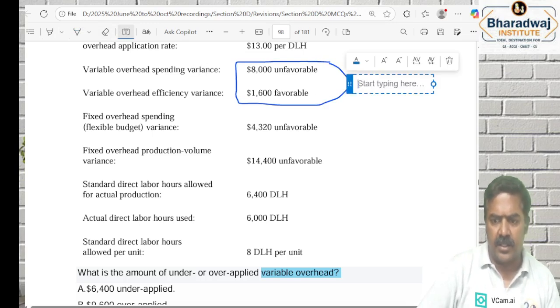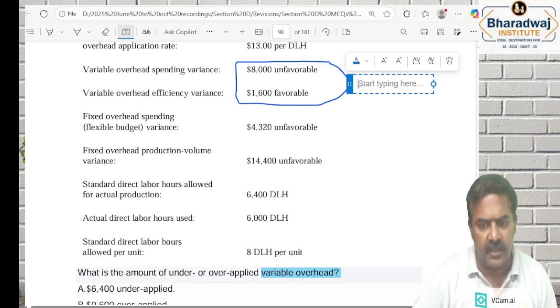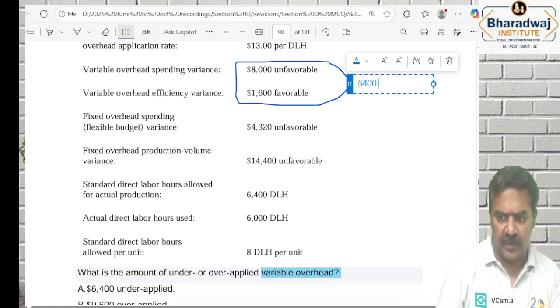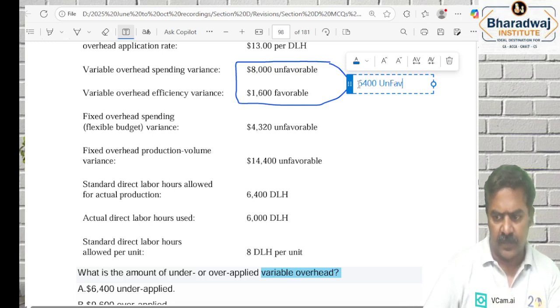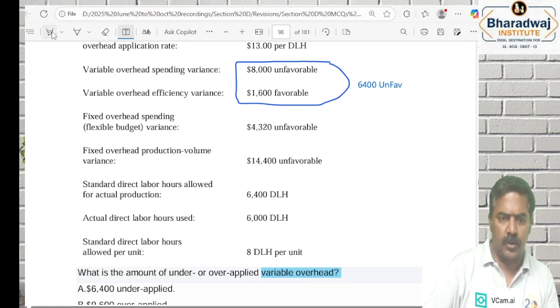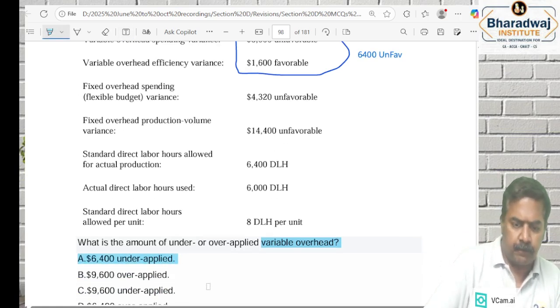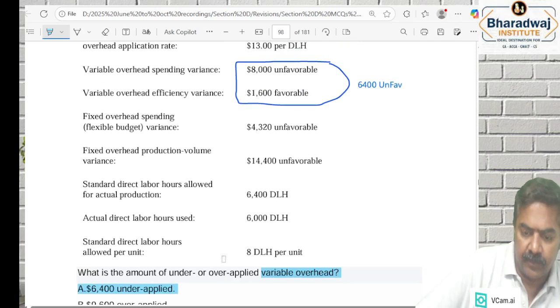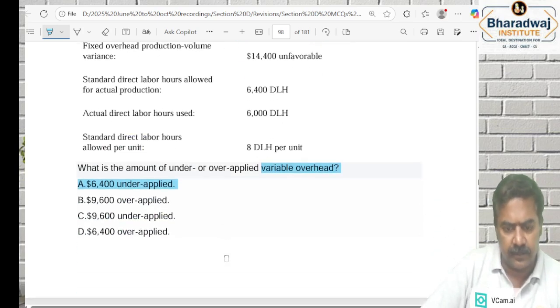Spending variance 8,000 unfavorable. Efficiency variance 1,600 favorable, means 6,400 unfavorable. Which means we have under applied those overheads. Applied overheads are lesser than what is allowed.